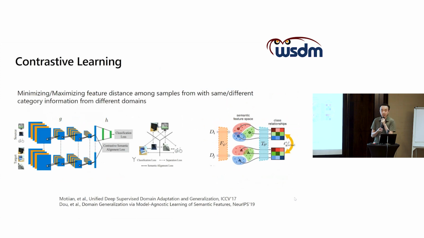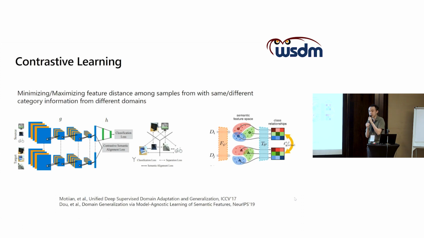Okay, besides minimizing the distribution gap across the domains, one can also think about, instead of the distribution, why not just focus on the samples? Therefore, contrastive learning across the samples can also be applied.